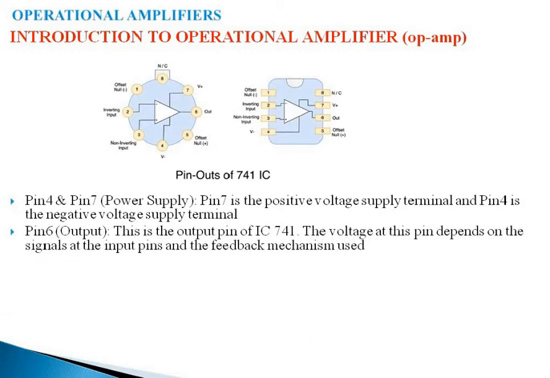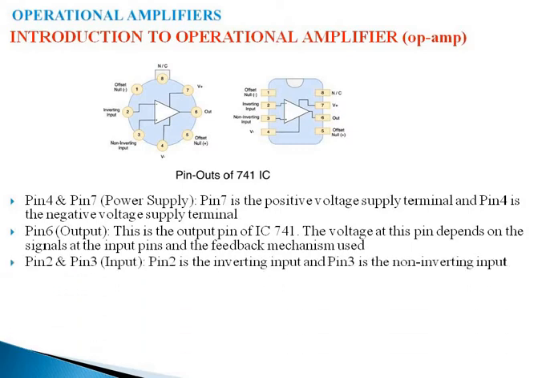Next is pin 6, which is the output. This is the output pin and the voltage at this pin depends on the signals at the input pins and the feedback mechanism used. If the output is said to be high, it means that voltage at the output is equal to positive supply voltage. Similarly, if the output is said to be low, it means that voltage at the output is equal to negative supply voltage.